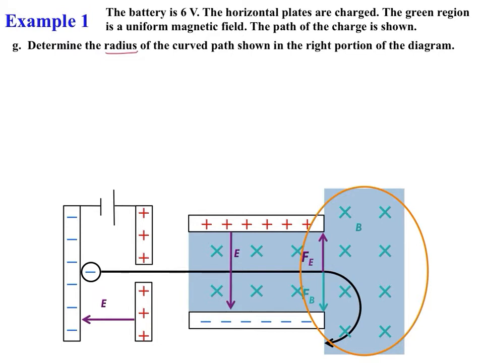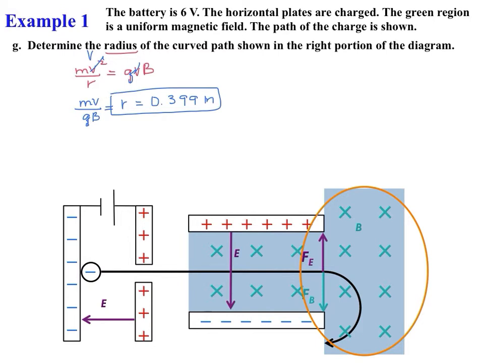Again, if we know the speed that it's moving at, in which case this is v, we also know the force that causes this particular rotation or circular motion, then we can solve for R. Again, this is a Q, charge, and then you can go ahead and plug in all of your values, and you should get 0.399 meters, or 0.4 will work in this last section.